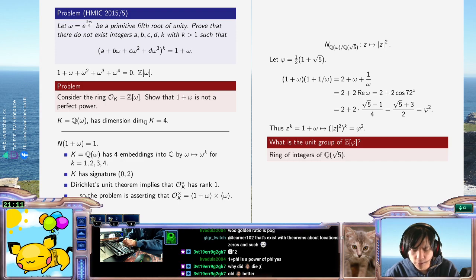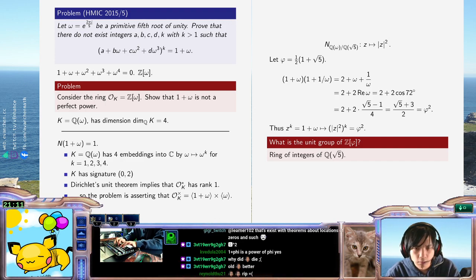Because it's so concrete, this root 5 thing, I think it's given explicitly by the minimal unit. Is that right? I believe this unit group should be generated by... actually, I think it's just generated by phi, right?